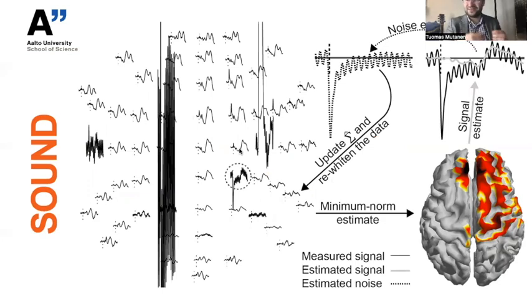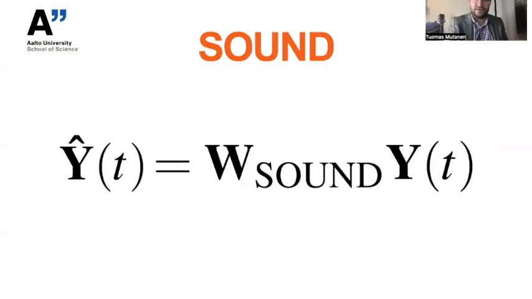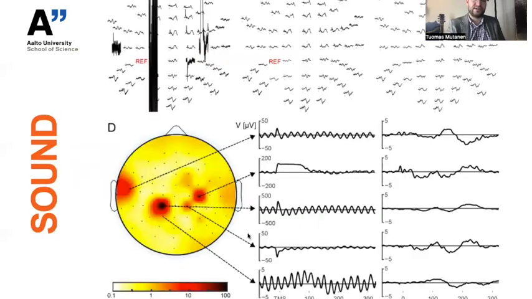And using this iterative scheme, we can actually find a spatial filter that removes non-correlated noise from the TMS EEG responses. And here you can see some example TMS EEG data, how well this algorithm is able to find these contaminated channels automatically and replace them with the best possible prediction from the other channels.